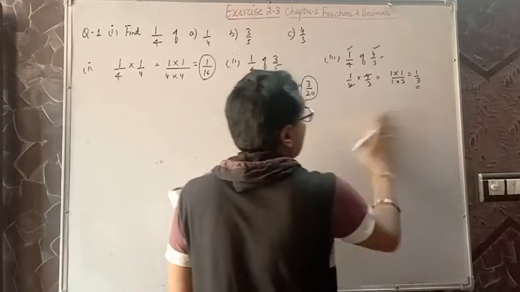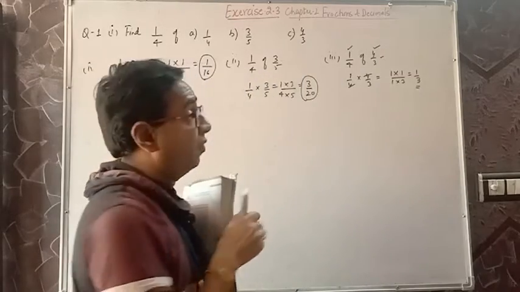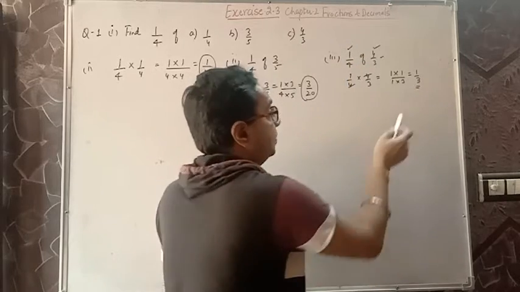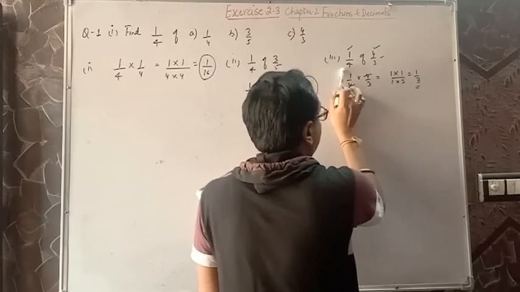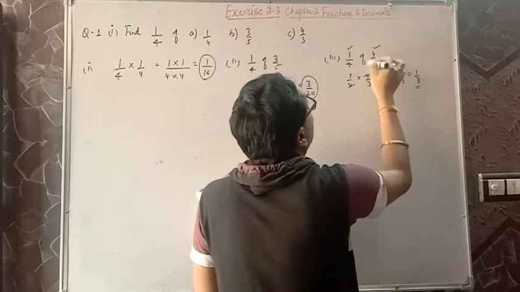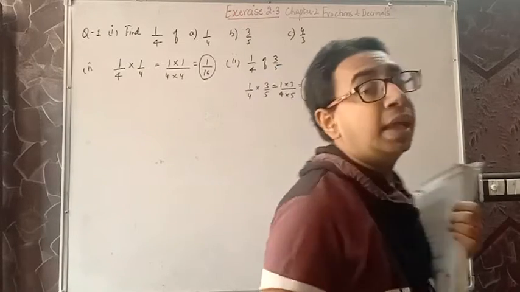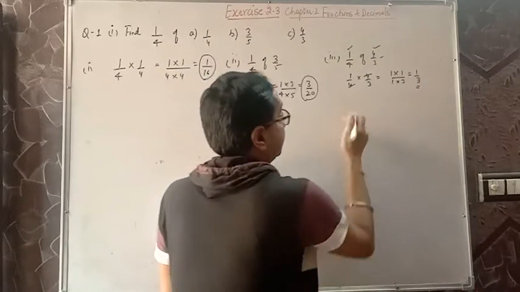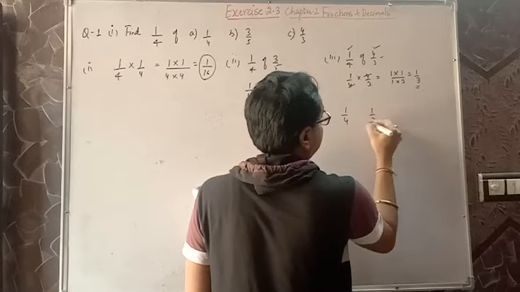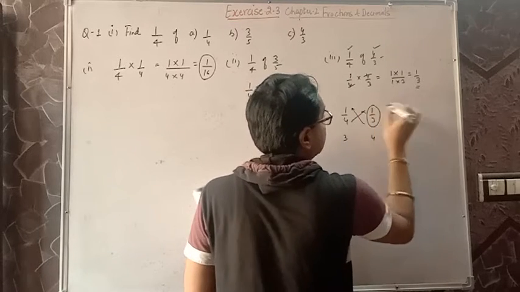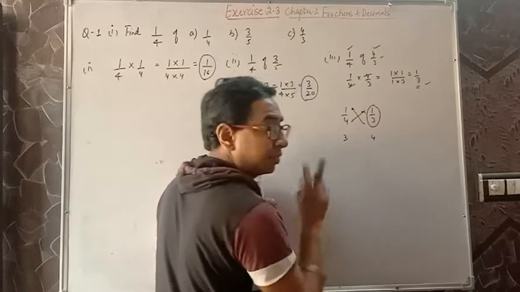So we can say that in case of proper into improper multiplication, the result is greater than the proper, but less than what? Improper. This is a very important point of confusion. Again understand what I am saying. 1 by 4 and 1 by 3: if I compare, this is 3, this is 4. It means the result is greater than the proper fraction. Clear?